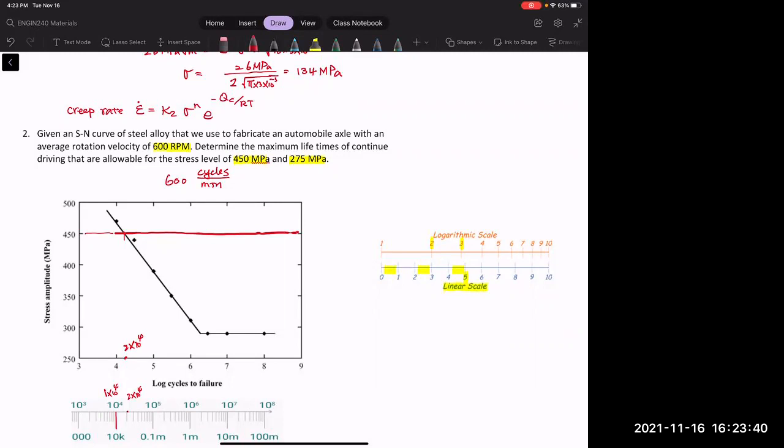So we know that at 450 megapascal, the life is 2 times 10 to the fourth. That is cycles. And we want to find the life, meaning we need to find a time. And how do you find a time?